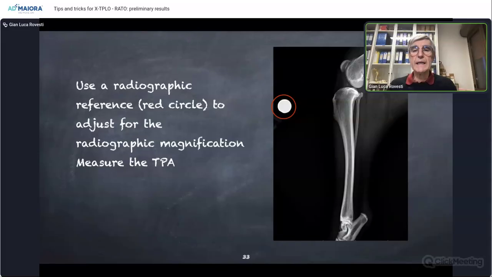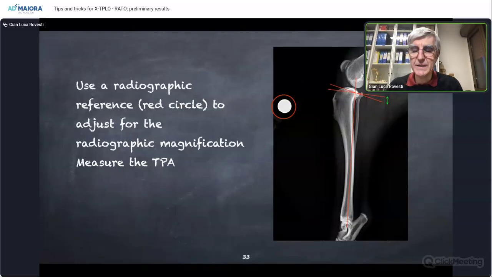I won't explain in detail every measure because they are very standard and well-known procedures, but the first line is to evaluate the TPA in a standard way as it was already described many times, and we should refer to the orthogonals to measure the TPA.